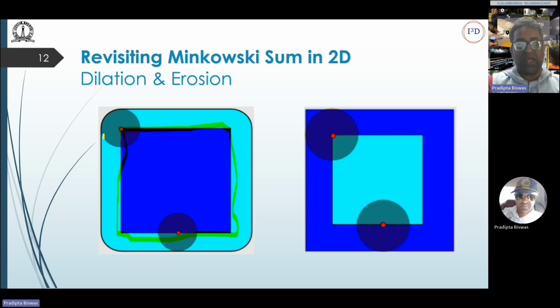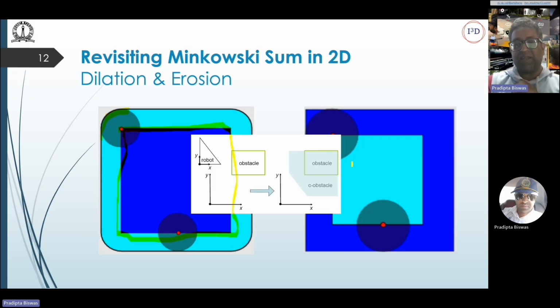The contour will have this rounded edge due to the structure of the circle, and this operation is known as the dilation operation, and erosion is the opposite. Erosion is that instead of the outside of the obstacle, I move the circle inside the obstacle. So that is the Minkowski difference, or the erosion operation.